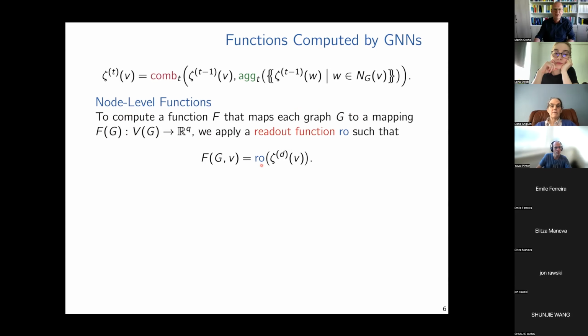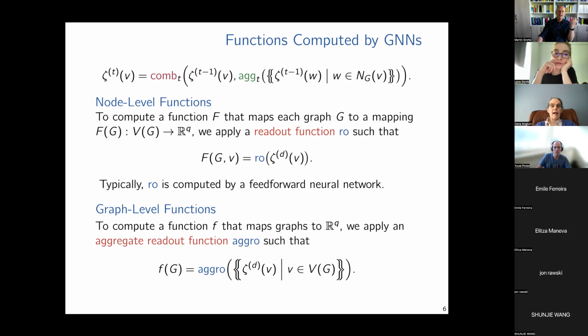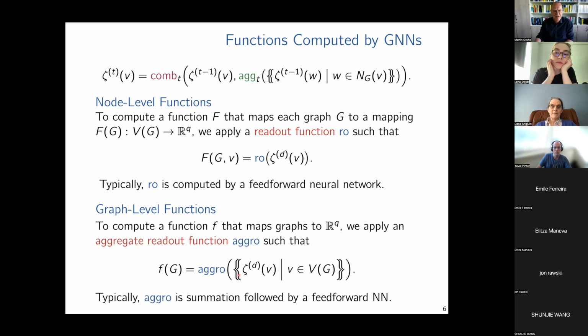We simplify the notation a little bit. Then we can also compute graph level functions, which are defined on full graphs. For this we aggregate the states at all nodes in the last level, say again, we add them up, and then apply some feed-forward neural networks after that.